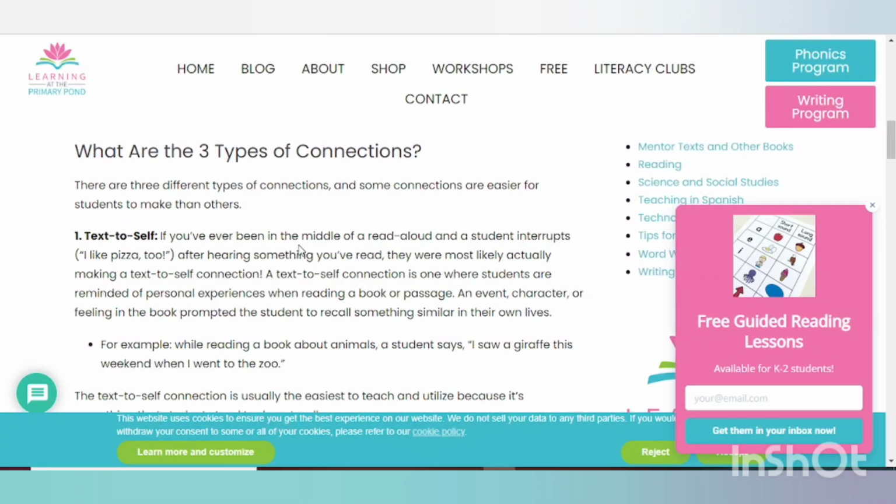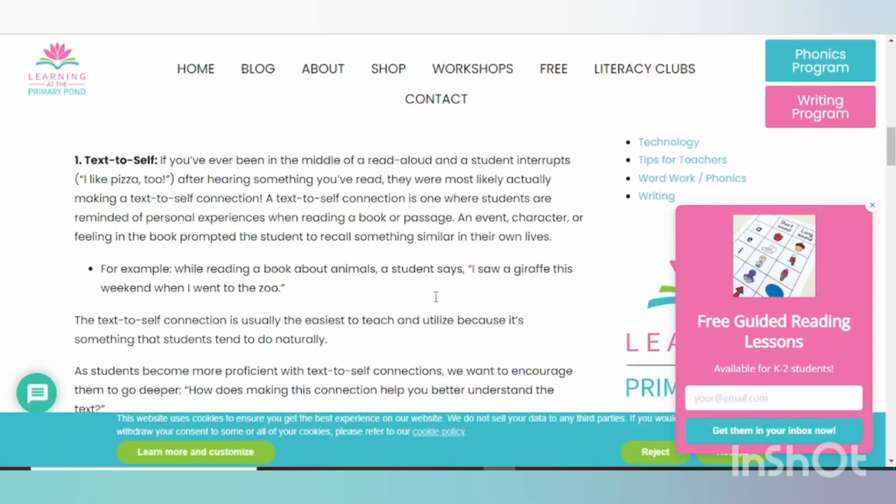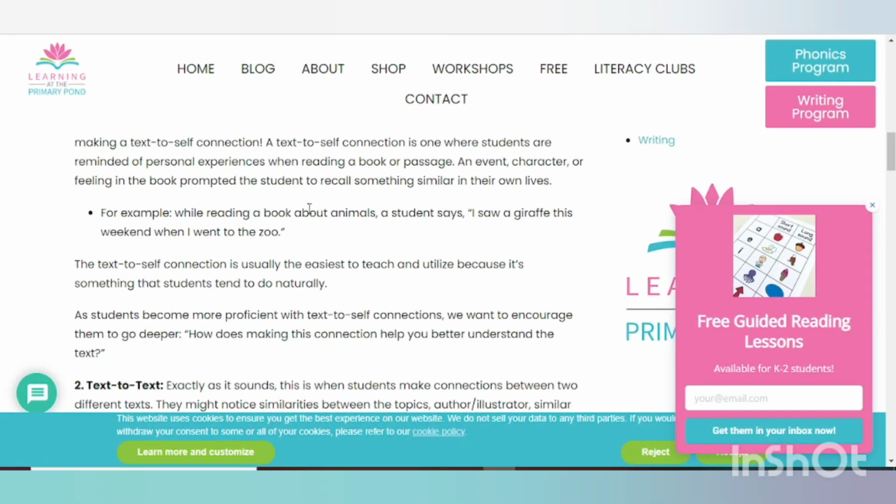If you've ever been in the middle of a read aloud and a student interrupts, "I like pizza too," they were most likely actually making a text to self connection. A text to self connection is one where students are reminded of personal experiences when reading a book or passage. So, for example, while reading a book about animals, a student says, "I saw a giraffe this weekend when I went to the zoo too."